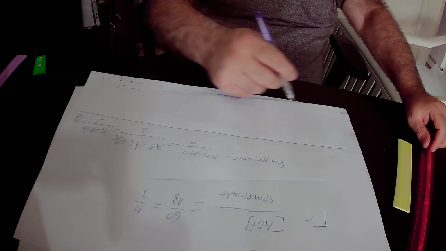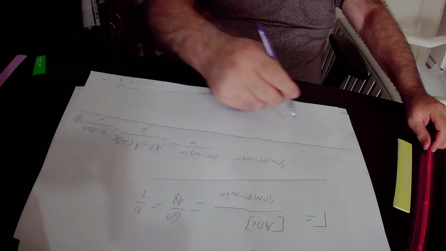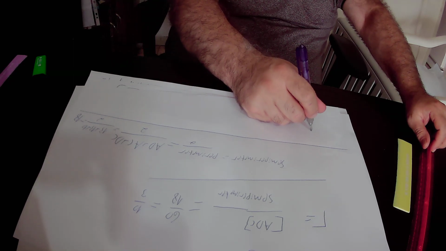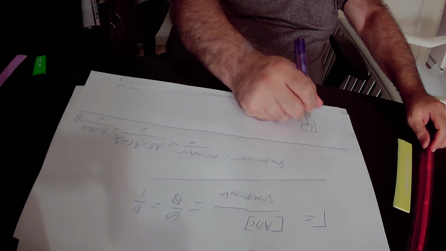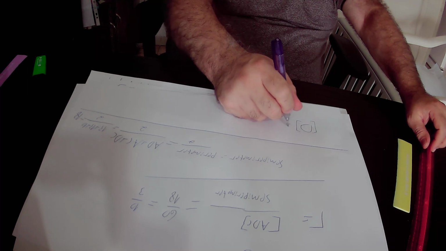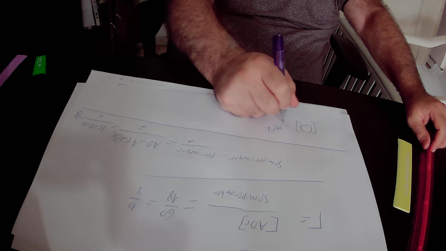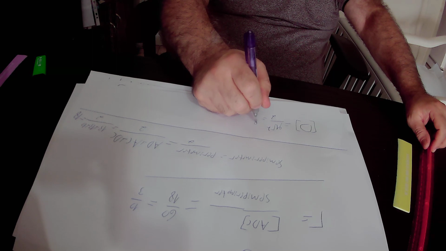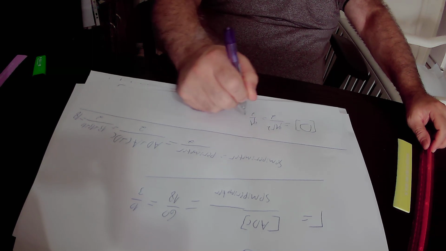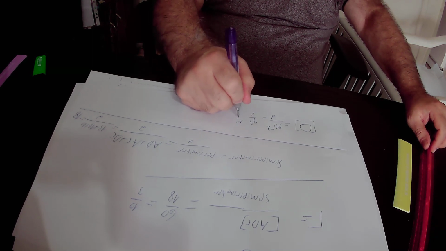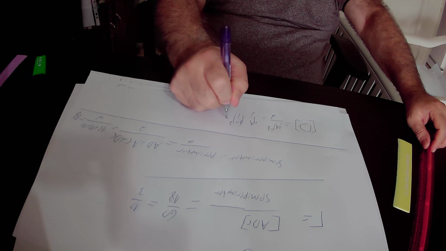So the radius of the semicircle is 10 over 3, and the area of the semicircle is equal to pi r squared over 2. So it is pi over 2. R is 10 over 3, and r squared is 10 over 3 squared.